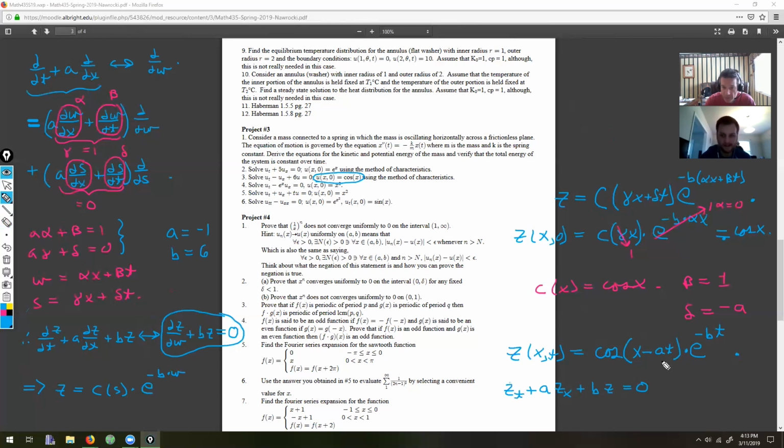Okay, now let's double check that. If I differentiate all this with respect to t, I'm going to have to use the product rule here.